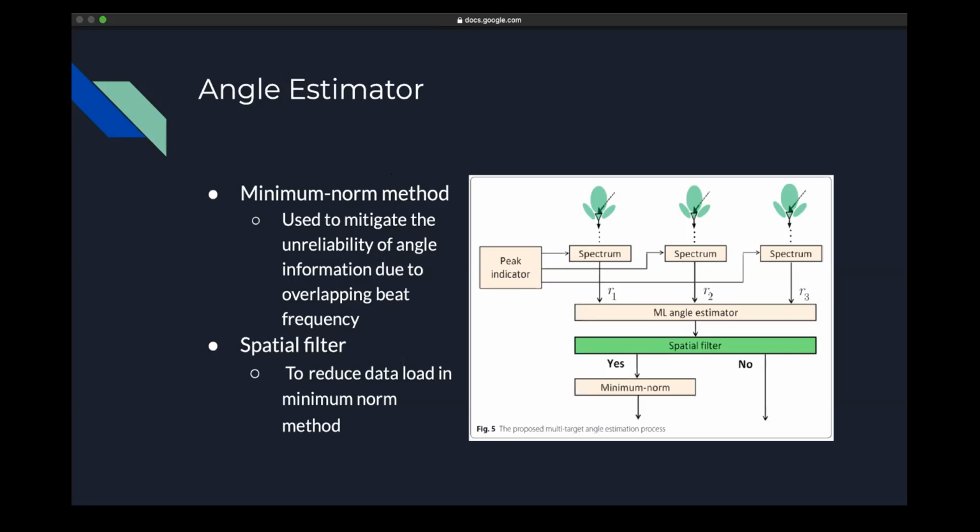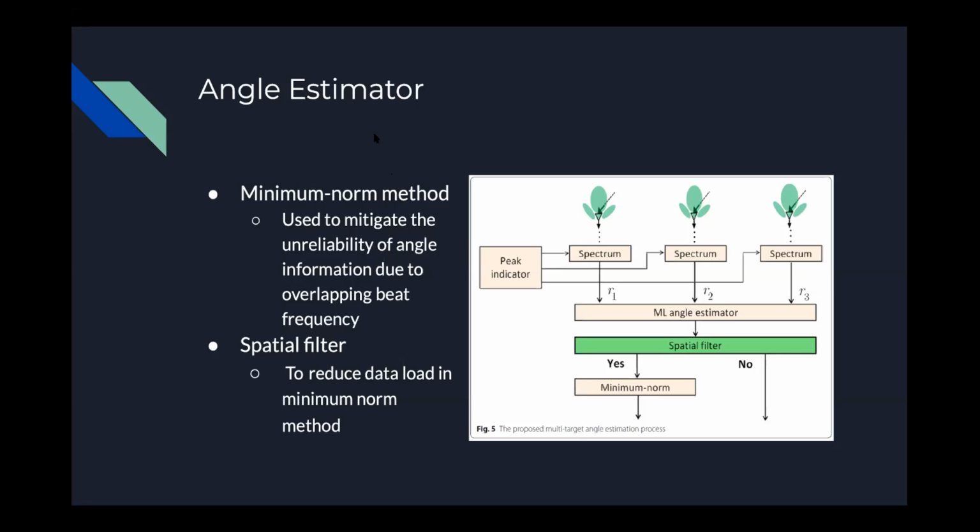But this minimum norm method can be very computationally expensive if there are many objects and many overlapping beat frequencies. So in this paper, the spatial filter is proposed before the minimum norm to reduce the data load in the minimum norm method.